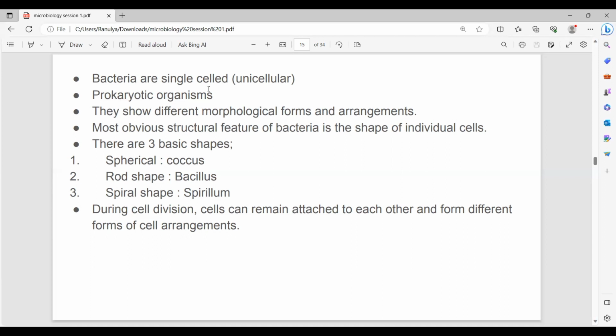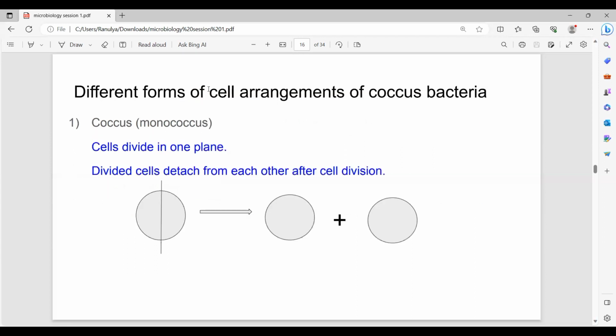This cell division can take place in 1 plane, 2 planes, 3 planes, or in several planes. After the division, these newly formed cells remain attached together and form different forms of cell arrangements. Right. So now first we are going to learn about different forms of cell arrangements of coccus bacteria.